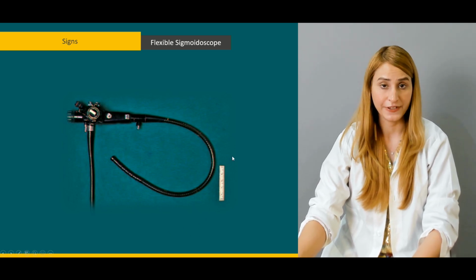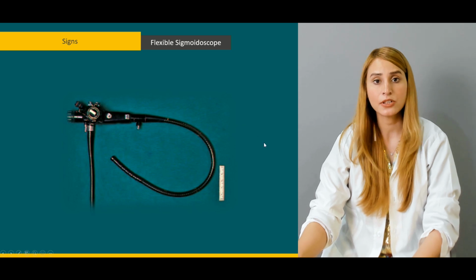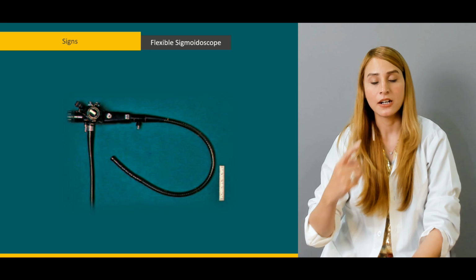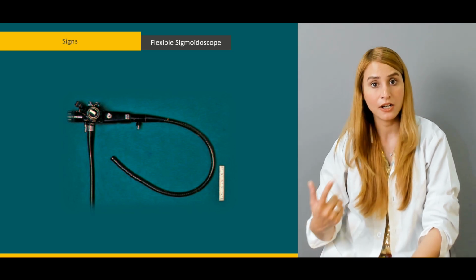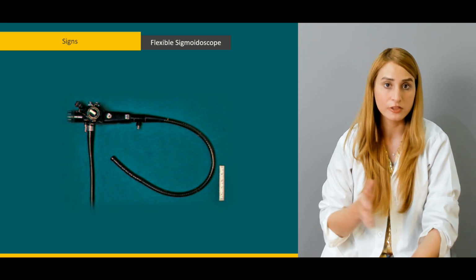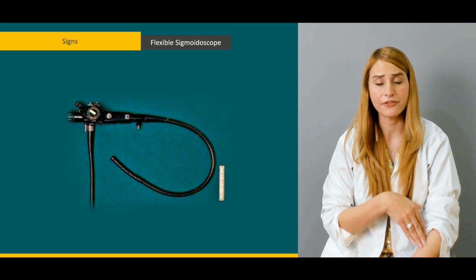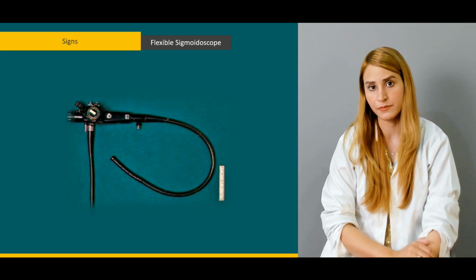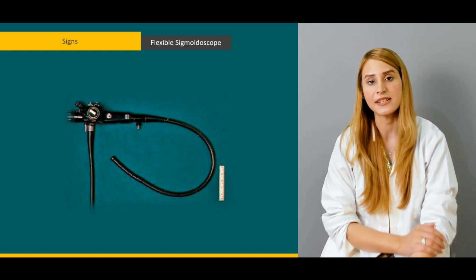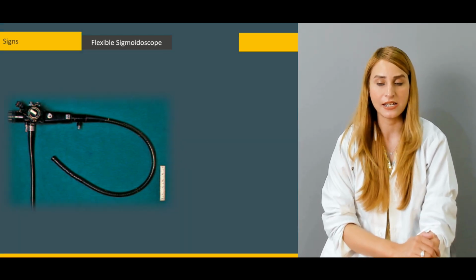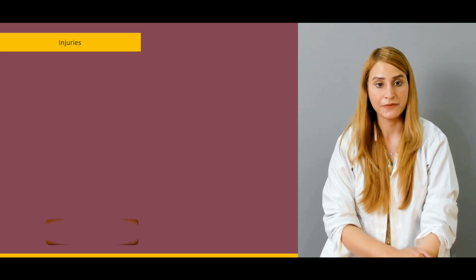The proximal surface is very flexible, and whenever you put this scope inside, it changes position according to the loops. Like if it's in the rectum, and then it goes to some other position to visualize the sigmoid colon. So flexible sigmoidoscopy is another very helpful instrument which can be used.